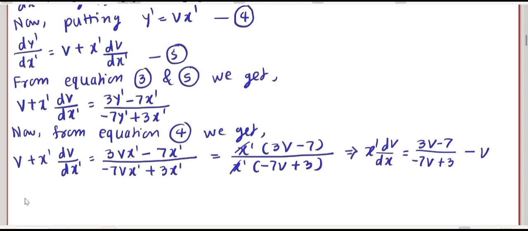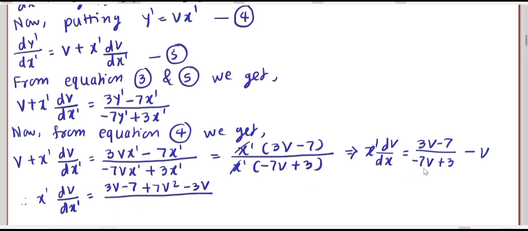Now therefore x' dv/dx' is equal to, simplifying this, we get 3v minus 7 plus 7v square minus 3v divided by minus 7v plus 3.